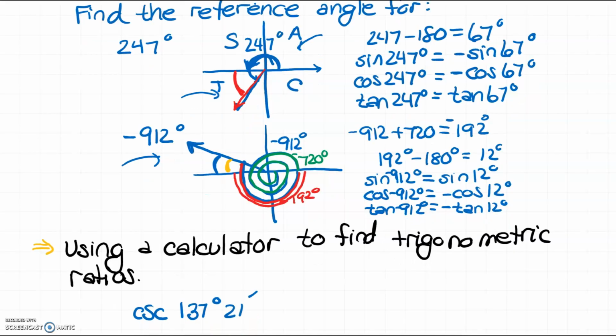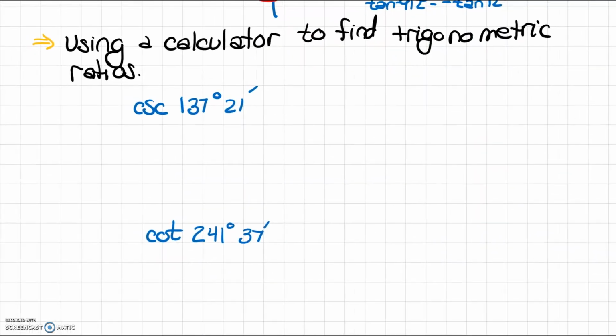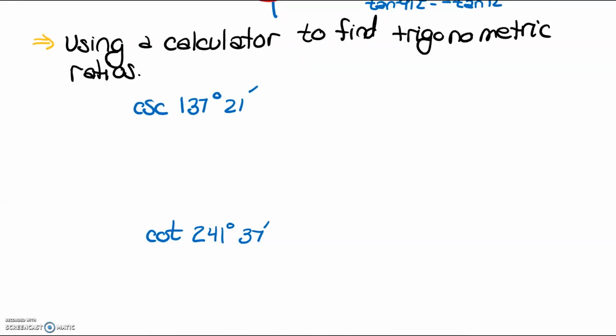All right, so now let's go ahead and practice using our calculator to find these trigonometric functions. And remember, when we use our calculator, most calculators don't have secant, cosecant, and cotangent. So how would we use our calculator to find it? Well, I'm going to make an equation out of this.